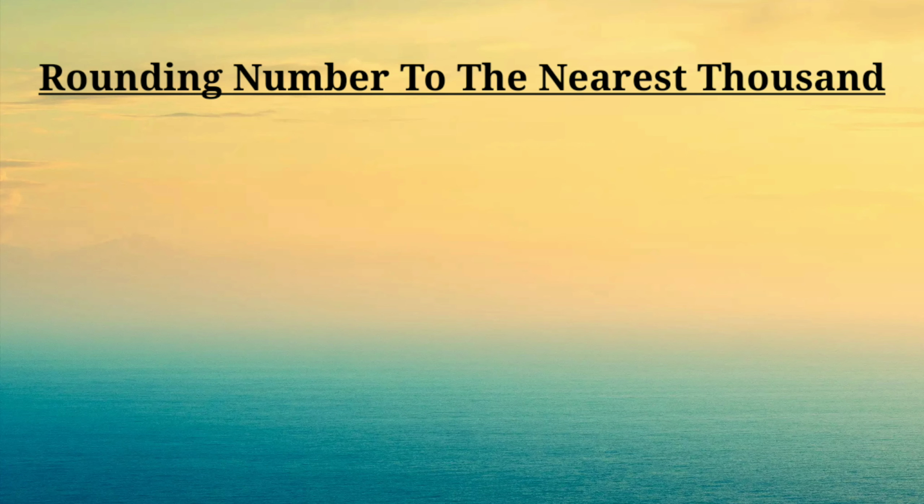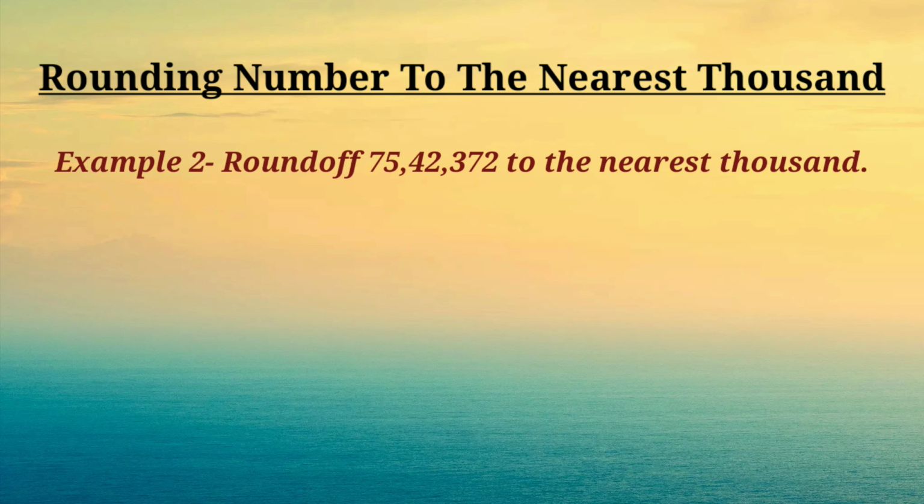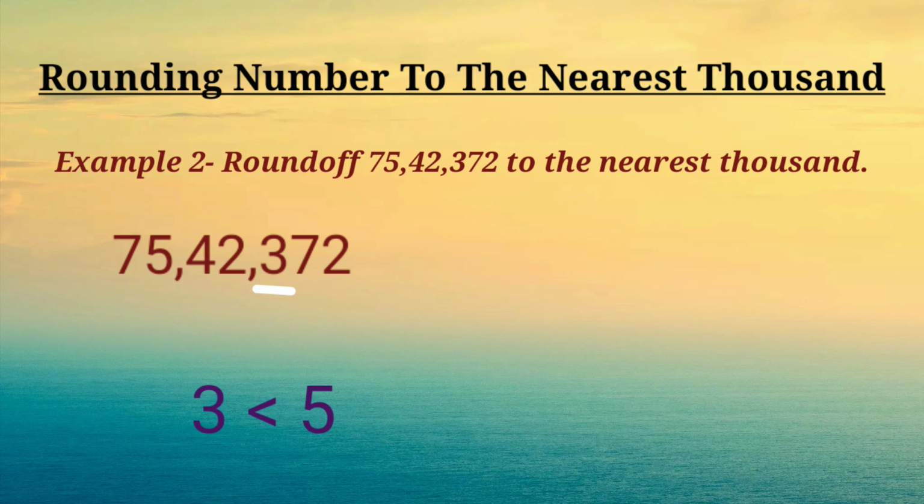Now let us look at another example. Round off 75,42,372 to the nearest thousand. First, look at the digit to the right of the thousands place, which is 3 here. Now, as 3 is smaller than 5, we leave the digit in the thousands place as it is.